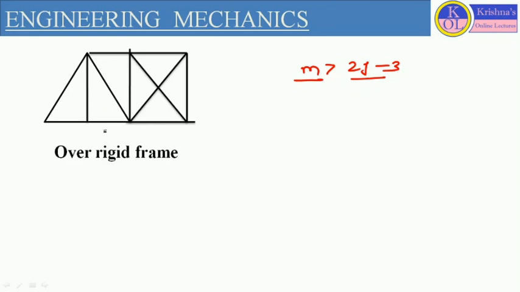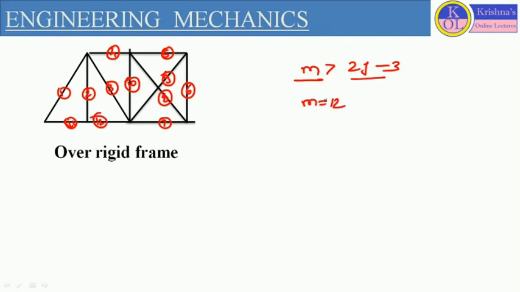So here we will count all the members. So here members are 1, 2, 3, 4, 5, 6, 7, 8, 9, 10, 11, 12. So here we have 12 members.